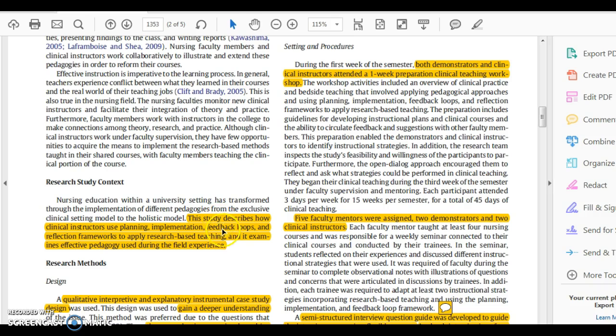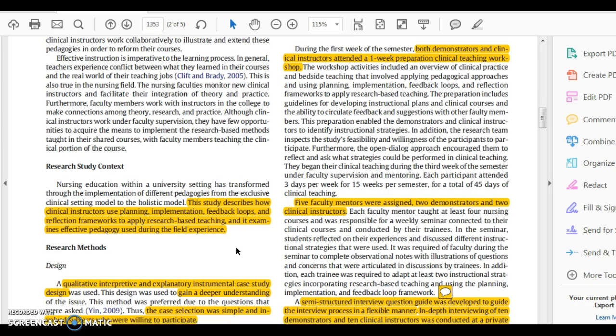so you understand how they are in context with this study. Speaking of research study context, it explains what this study is about. Remember, with qualitative research, we are looking at gaining an in-depth understanding of some phenomena, and this study describes how clinical instructors use planning, implementation, feedback loops, and reflection frameworks to apply research-based teaching, and it also examines effective pedagogy used during the field experience.